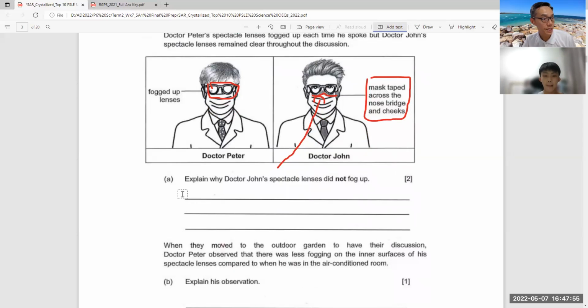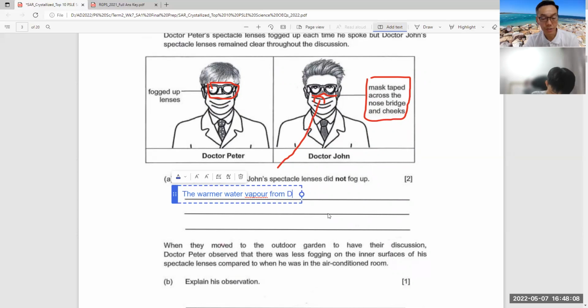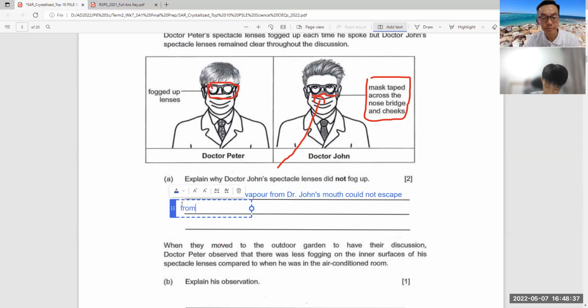So in order to answer this well, you should say that the warmer water vapor from Dr. John's mouth could not escape from his mask as it was taped across his nose bridge.